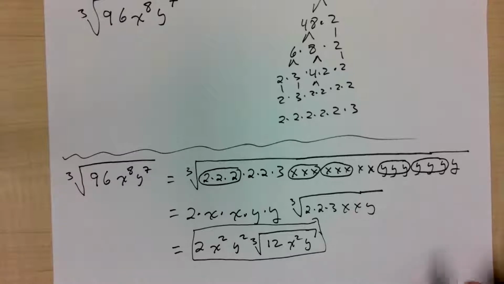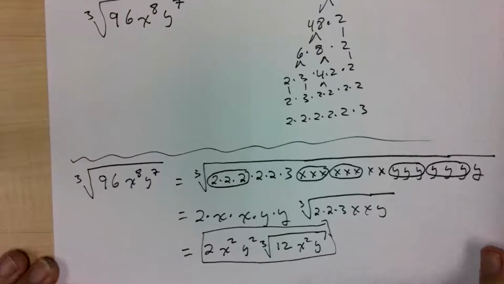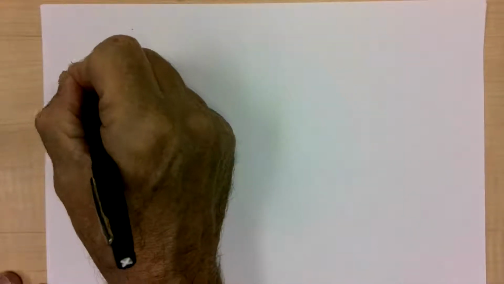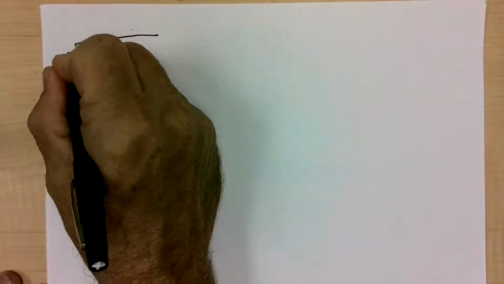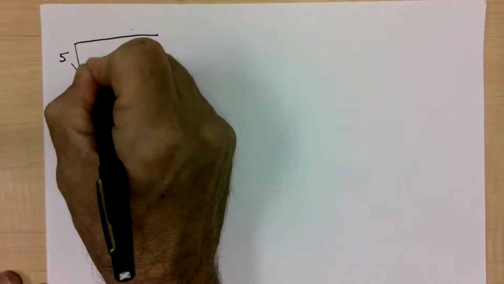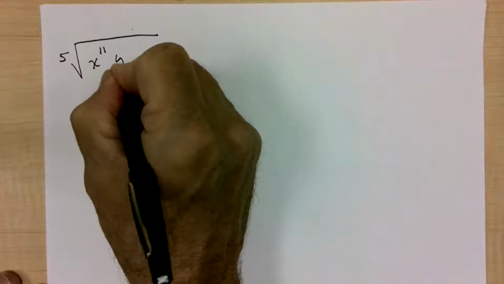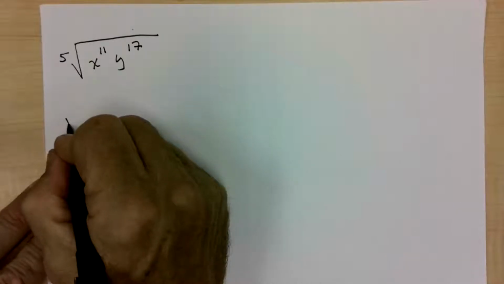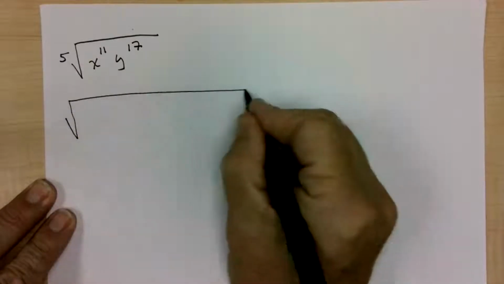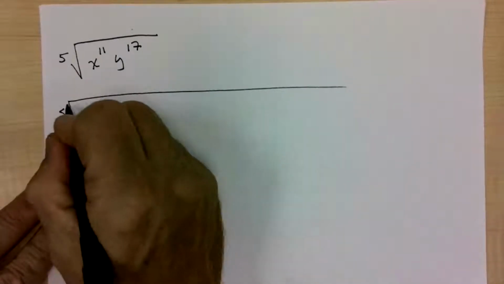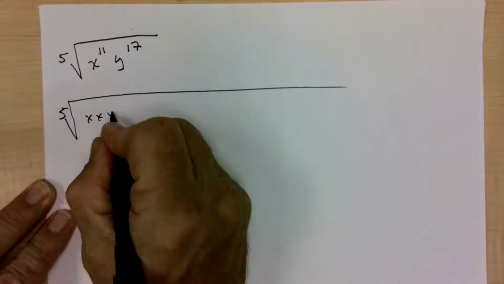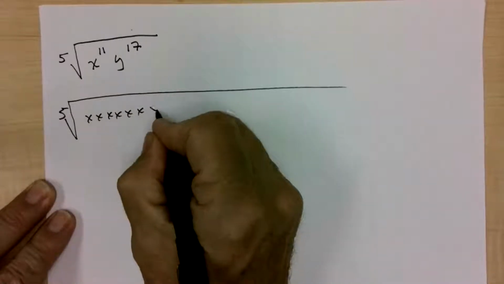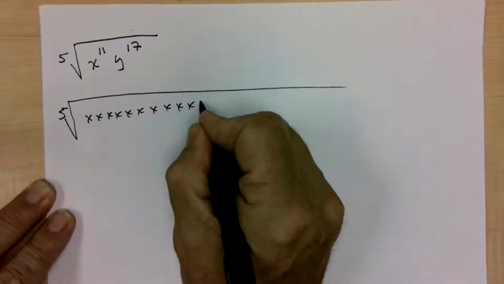Of course, higher roots are done exactly the same way. If I ask for the cube root, or excuse me, the fifth root of, let's say, x to the 11th, y to the 17th. The process is still the same. I could write the fifth root, I need 11 x's. 1, 2, 3, 4, 5, 6, 7, 8, 9, 10, 11.